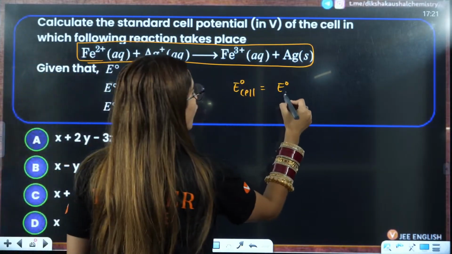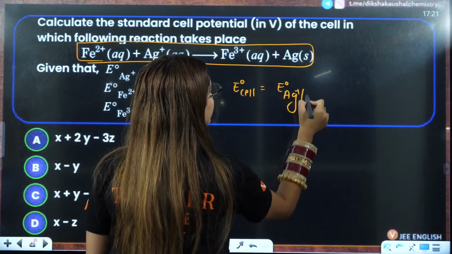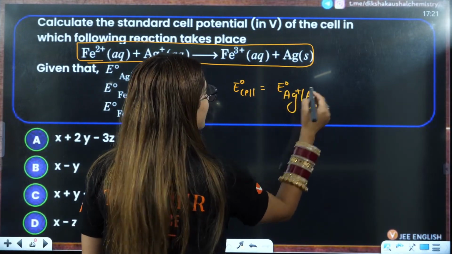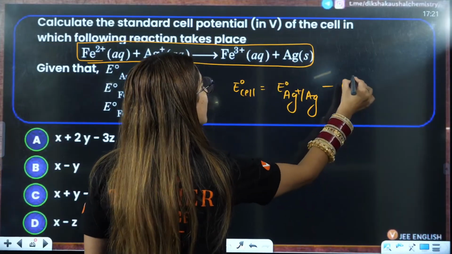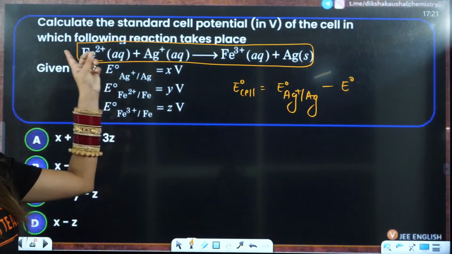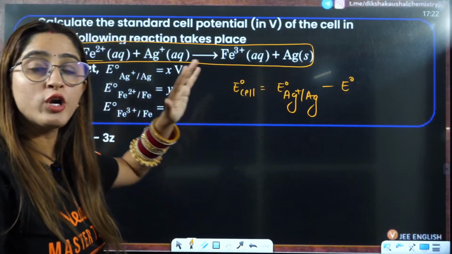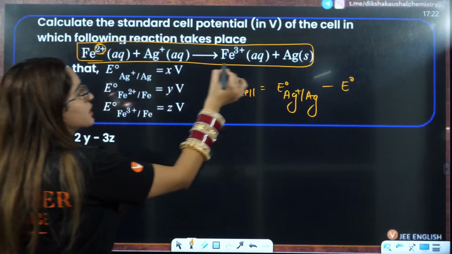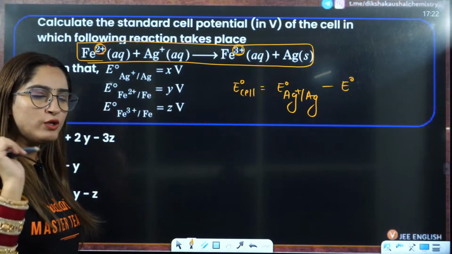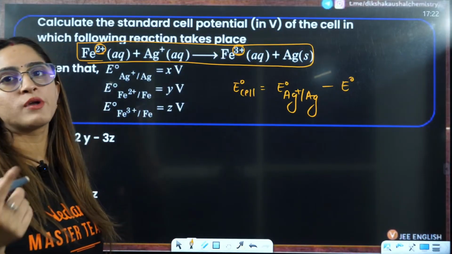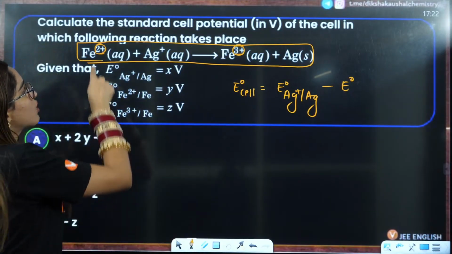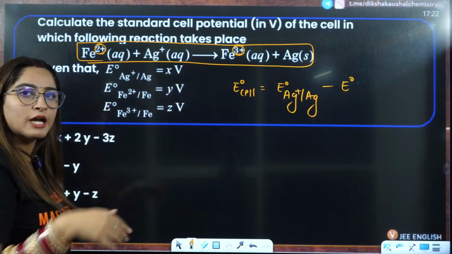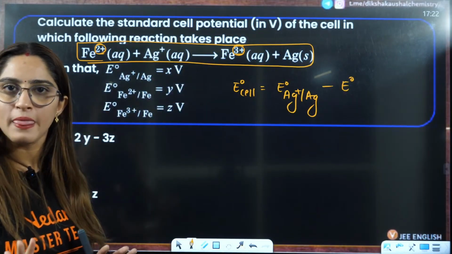So this will be E naught of Ag+ to Ag, the reduction potential, minus the reduction potential of the one at the anode. Anode means loss of electrons, here from Fe2+ to Fe3+. The oxidation number is increasing, so this is oxidation only.